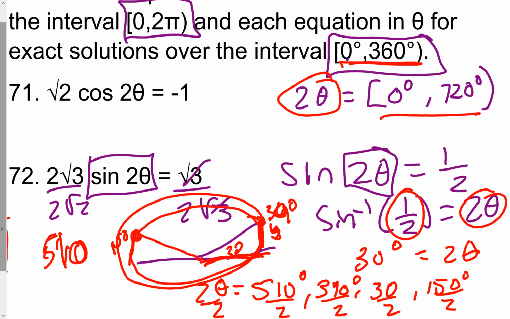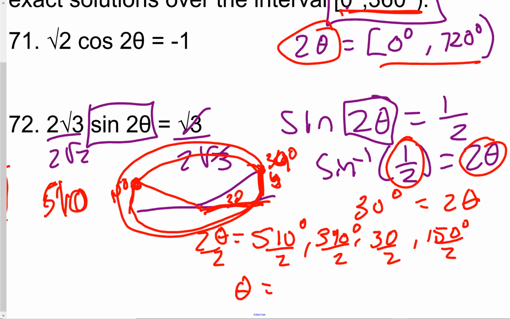So we get theta is equal to 30 degrees, 75 degrees, 150, 165, 195, 255.